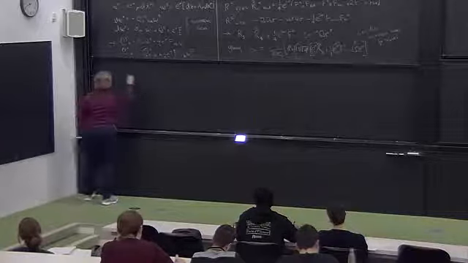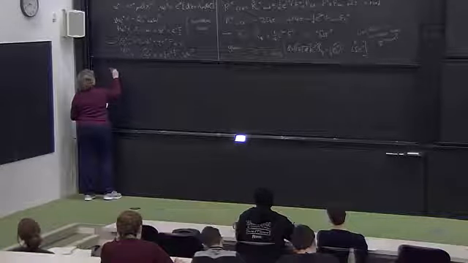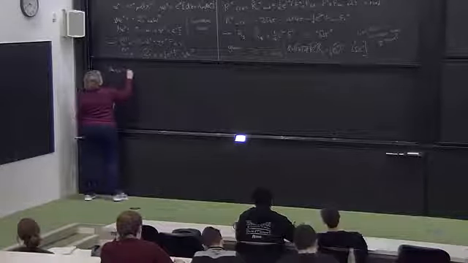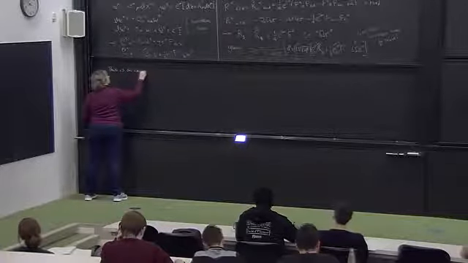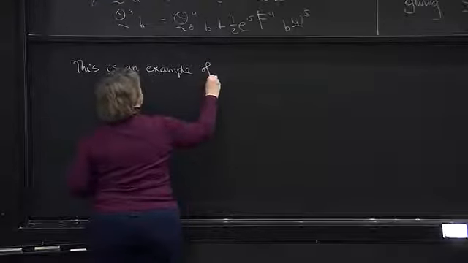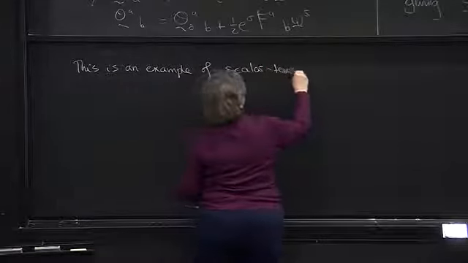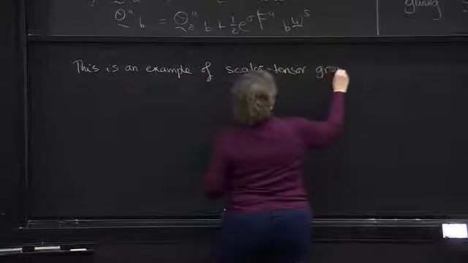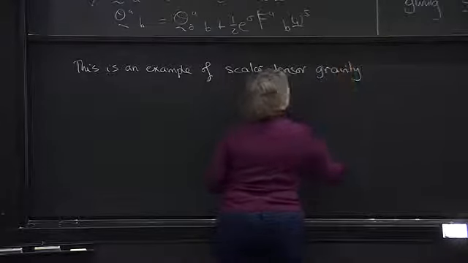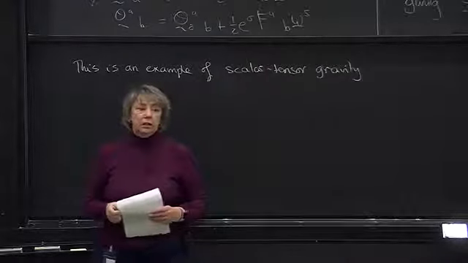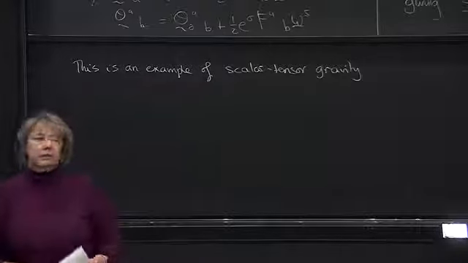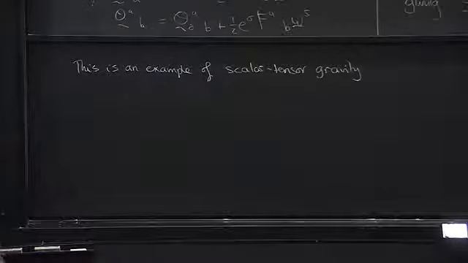So we call this scalar tensor gravity. It's a gravitational action, but the nature of the gravitational interaction isn't just spin 2. It's got a scalar field in it as well.